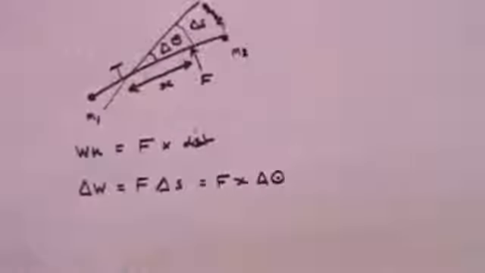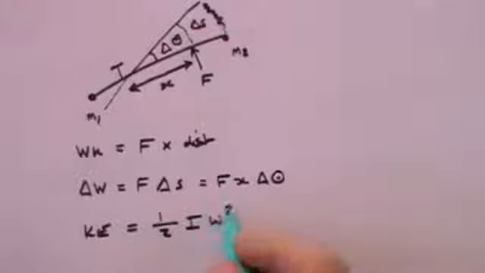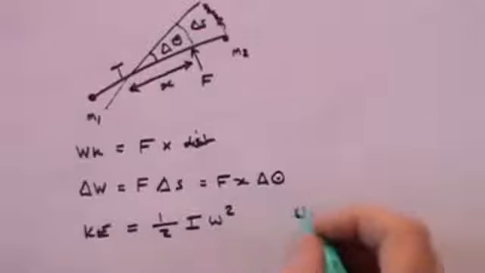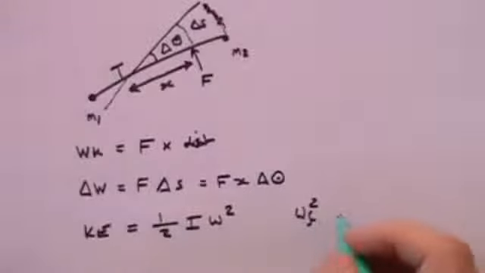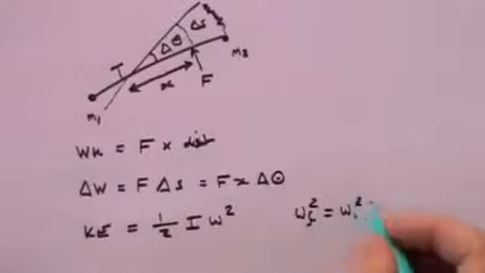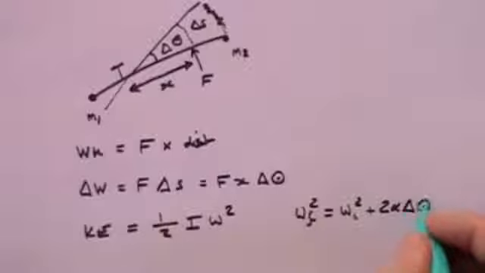What is the kinetic energy that that system has now gained? Well, we just derived that. The kinetic energy is a half I omega squared. It's the equivalent of a half mv squared for linear motion. And I just showed you that there is a formula that omega final squared is equal to omega initial squared plus 2 alpha delta theta.